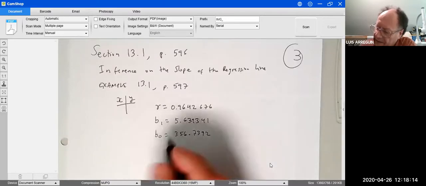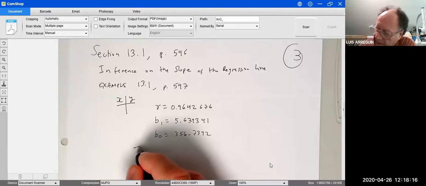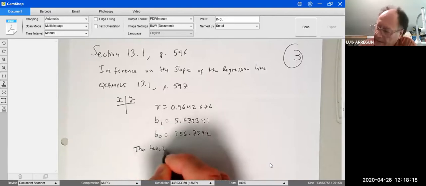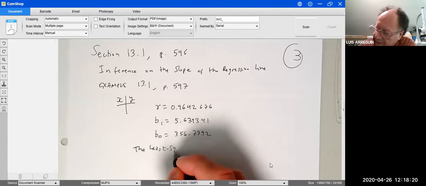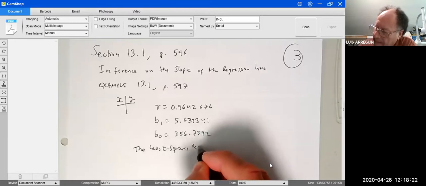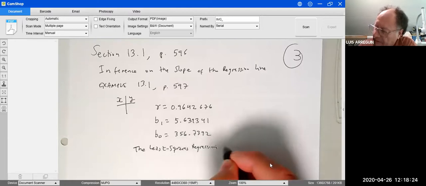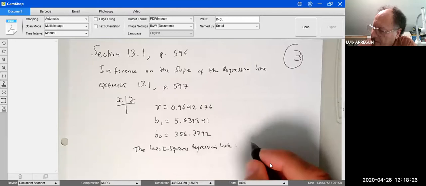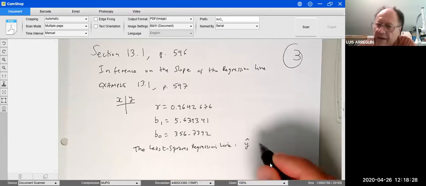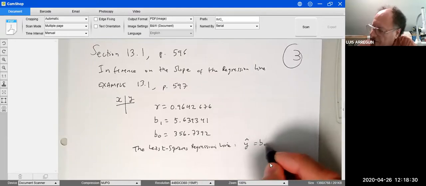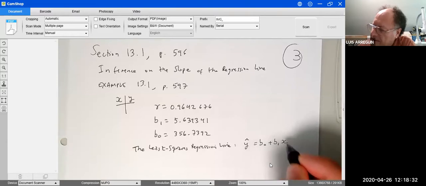So we're going to write the least squares regression line, which is just y hat equals b0 plus b1x.